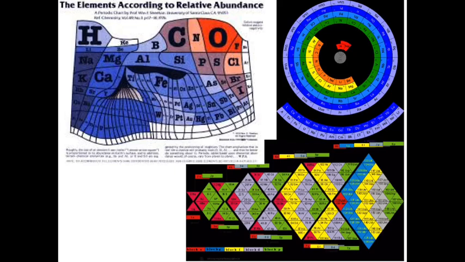Elements, according to relative abundance. So the bigger the symbol, the more there is. Why would I want to use this periodic table as opposed to the one on the wall? Because I care about what elements I need to work with.